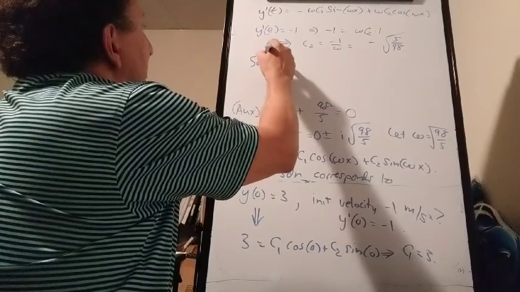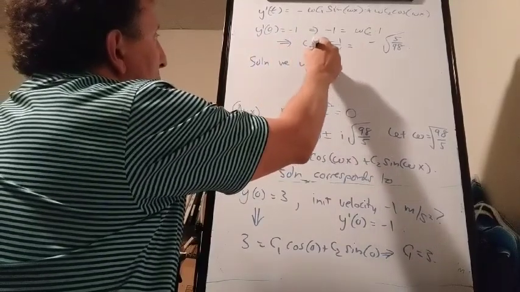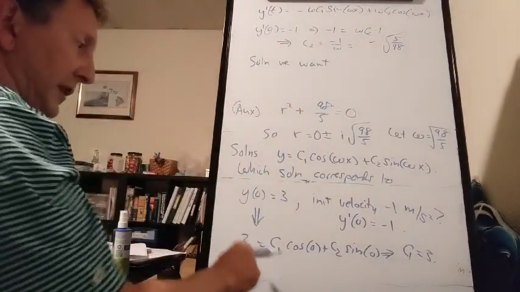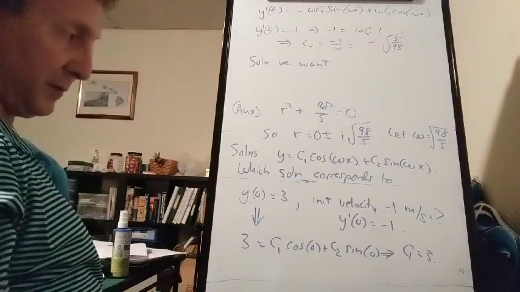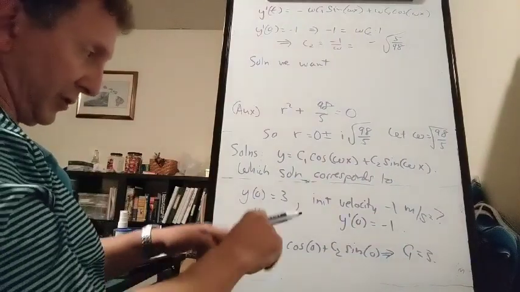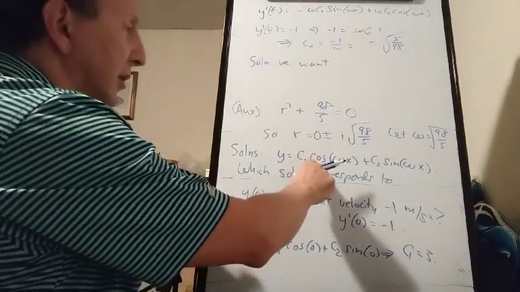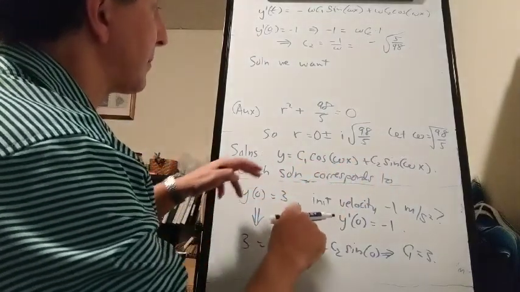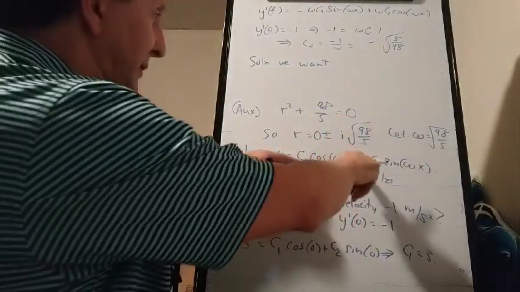So our general solution is infinitely many curves, which are all going to be trig functions, bouncing up and down.